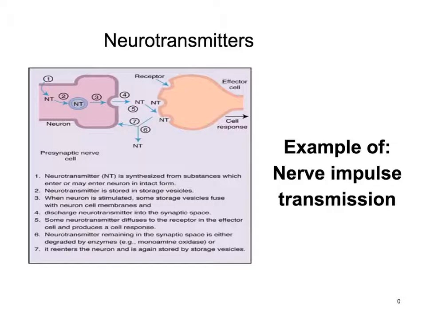Since we're talking about the SNS and the PNS, the SNS norepinephrine belongs to the class of the natural catecholamines, so your epinephrine and your dopamine. When we talk about the PNS, we're talking about acetylcholine. So epinephrine and norepinephrine are separate but similar neurotransmitters.